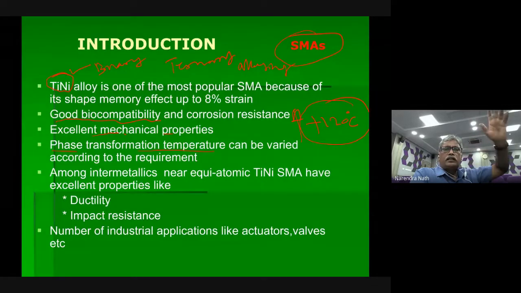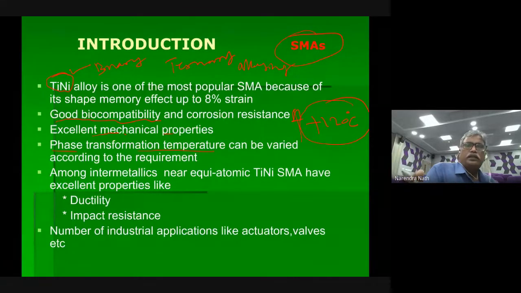Then I can raise the transformation temperature to that level. That means only at that transformation temperature this starts working. Any lowering is also possible. So you can very beautifully vary it over a very long range. That is one advantage of this material.